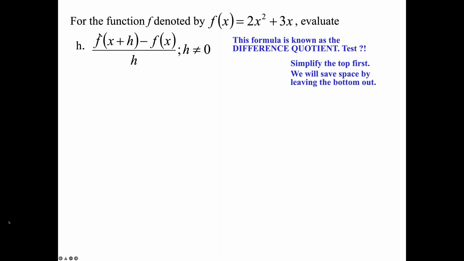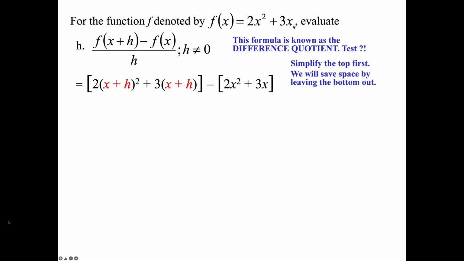So bracket around the first function, bracket around the second function. So 2 around this x, I put in the x plus h being squared, plus 3 times this x. So x plus h goes into those two x's right there. Minus brackets around f of x.